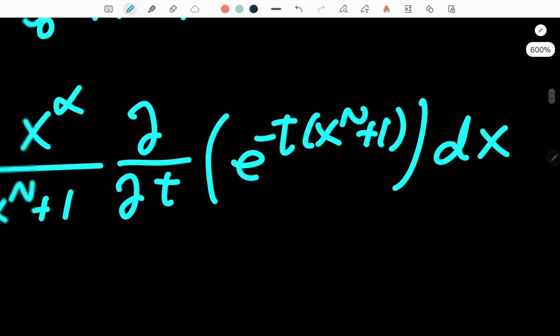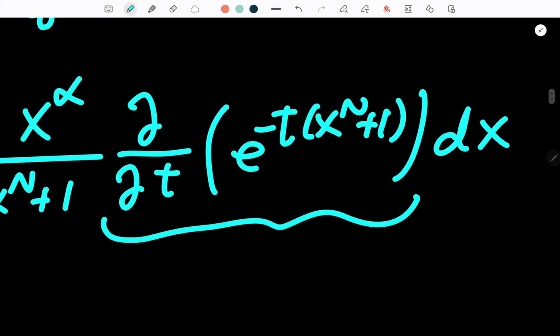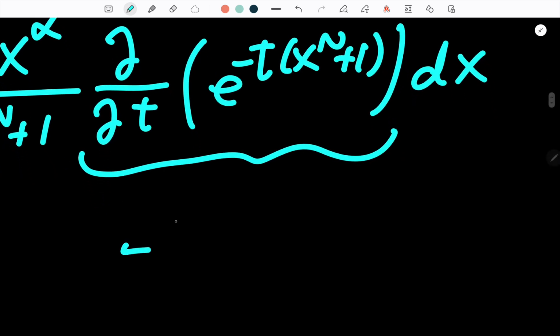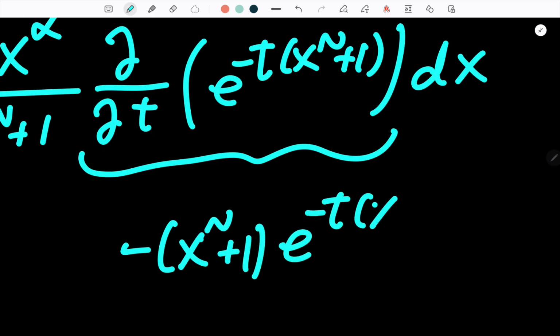Okay. Now, this derivative is also really easy. We're just treating every other variable like a constant, so we're treating x like a constant as well, because it's just a partial derivative. I'll leave it as homework for the details of evaluation, but if you do it properly, you'll have negative x to the n plus 1 times e to the negative t times x to the n plus 1.